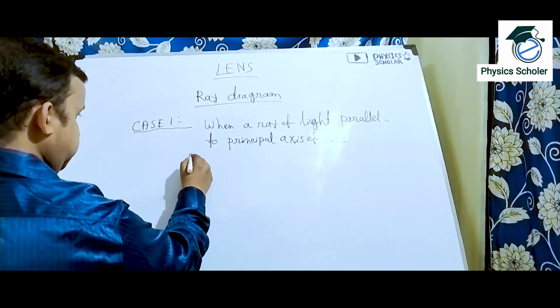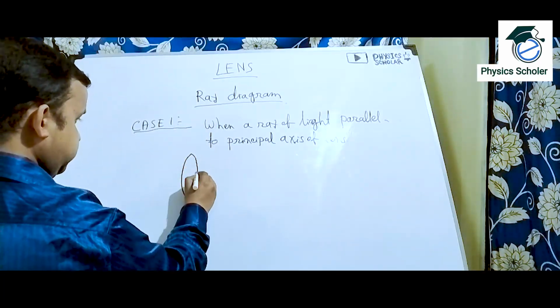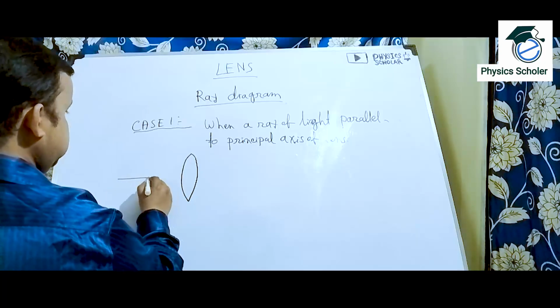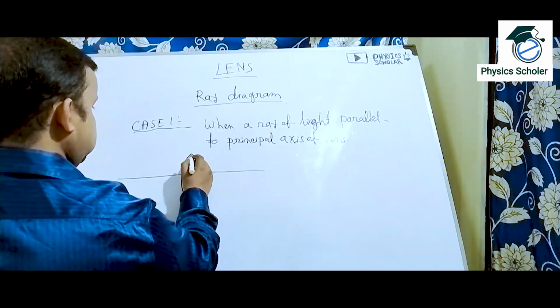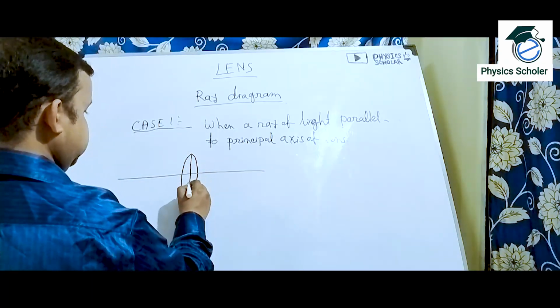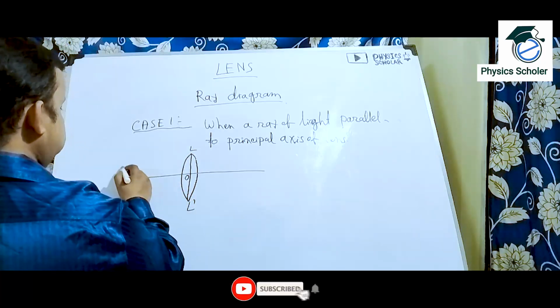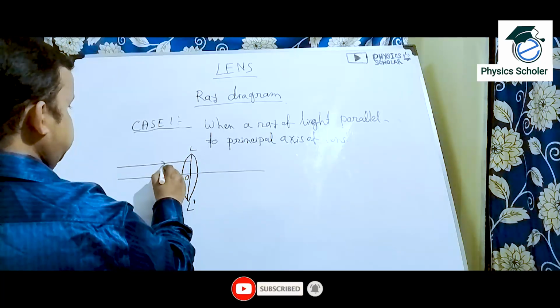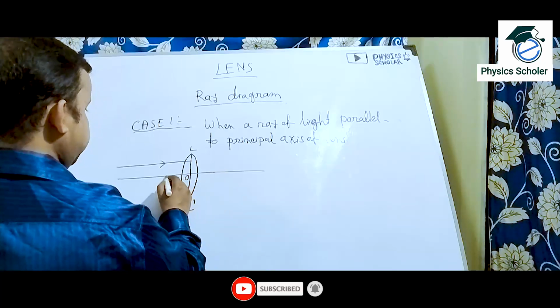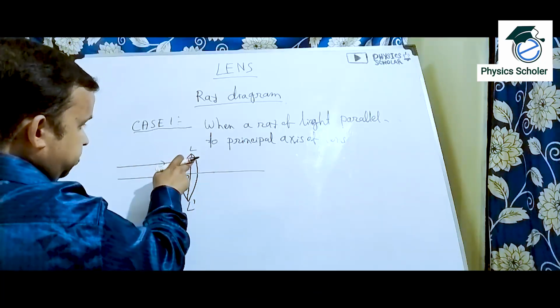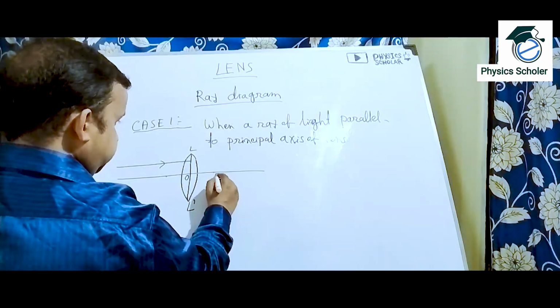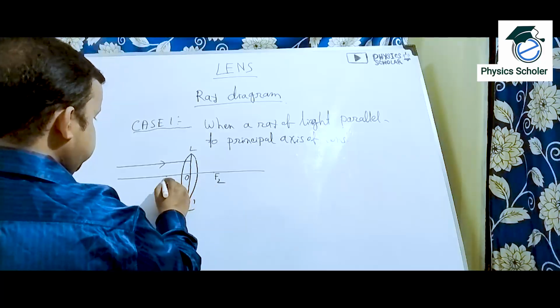Suppose I am drawing first the convex lens. This is the optical center. LL is the lens. Suppose a ray of light comes parallel. This is the focus, suppose it is F2 and it is F1.